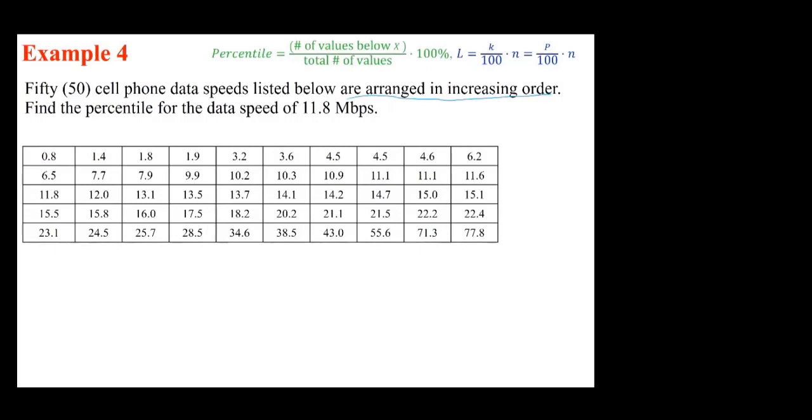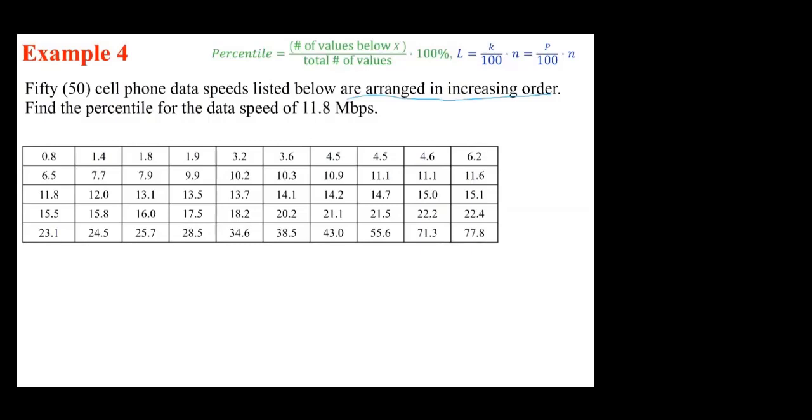Because this contains 50 pieces, that's a lot, and we don't want to waste time. It may not be given to you in this format. You have to arrange it, but this is given in arranged format. It is ranked, and therefore it makes life easy. So that's the first thing I want everybody to notice. And so for number 11.8, we want to find the percentile for 11.8.